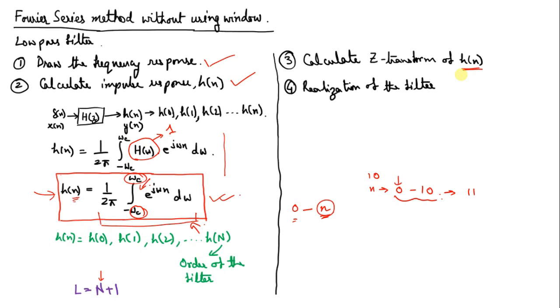We have discussed it yesterday also. So you compute the Z transform and lastly you have to realize the filter. The realization can be in cascade fashion or in the direct form method. Whatever method is discussed, you have to implement it that way.